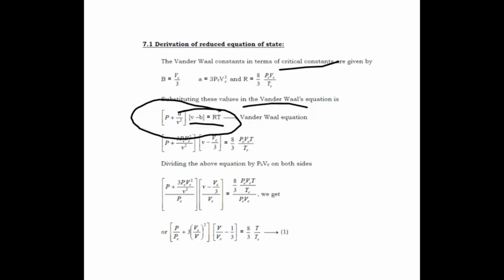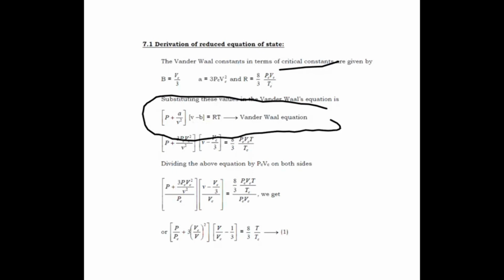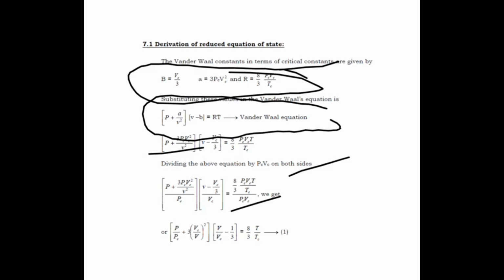We will get the equation P plus 3PcVc square by V square, into V minus Vc by 3, equal to 8 by 3 Pc Vc by Tc into T. Dividing the above equation by Pc and Vc, pressure constant and volume constant, on both sides, we will get the equation.